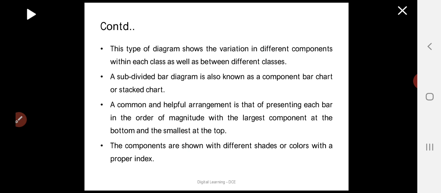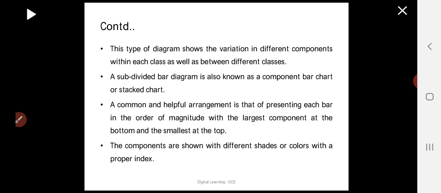This type of diagram shows the variation in different components within each class as well as between different classes. A subdivided bar diagram is also known as a component bar chart or stacked chart, as we have components inside a bar.